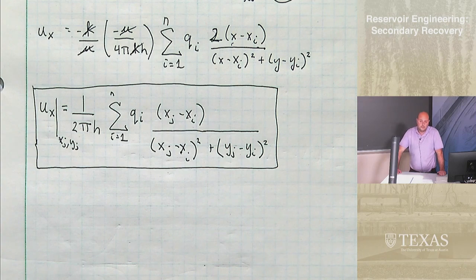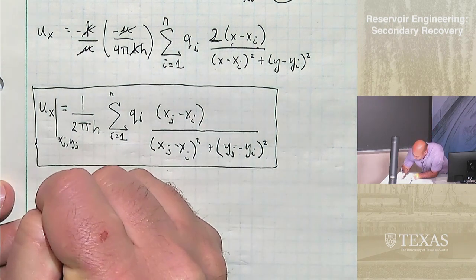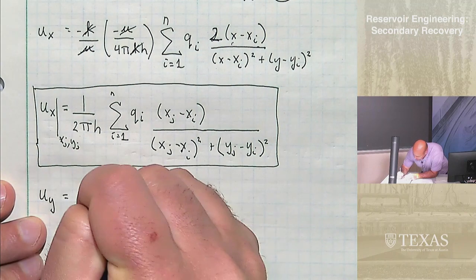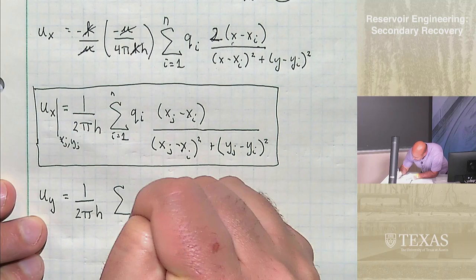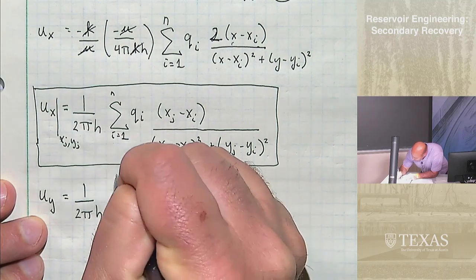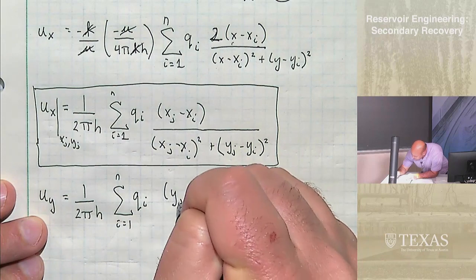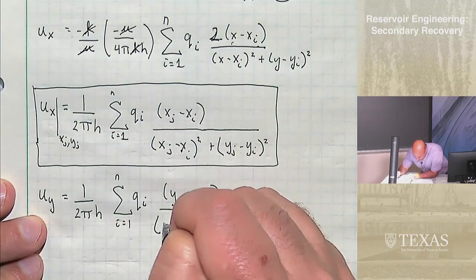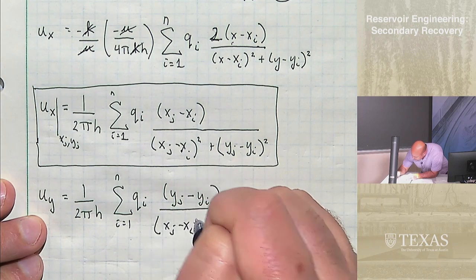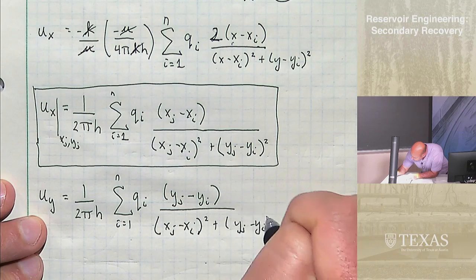It'll change the pressure, but it won't change the velocity. Likewise, I could write for Uy: it's equal to 1 over 2 pi h, sum from i equals 1 to n, of Qi times (yj minus yi) over (xj minus xi) squared plus (yj minus yi) squared.